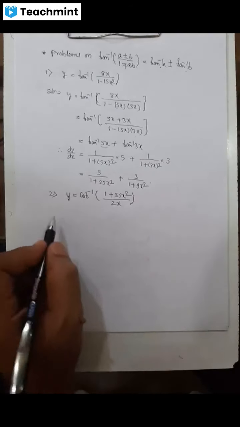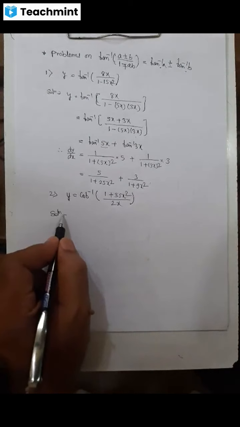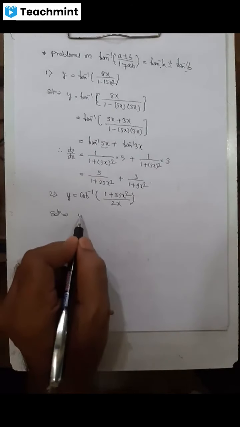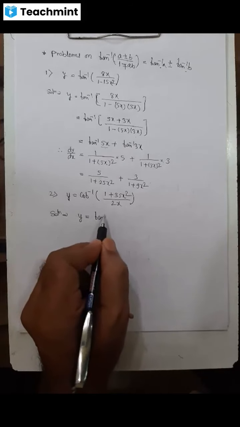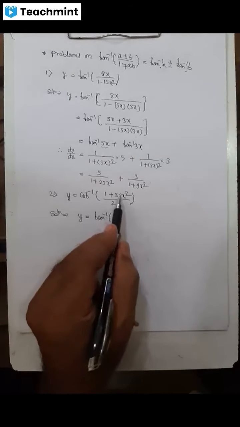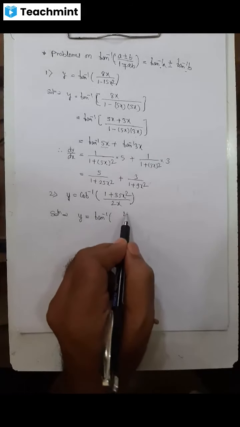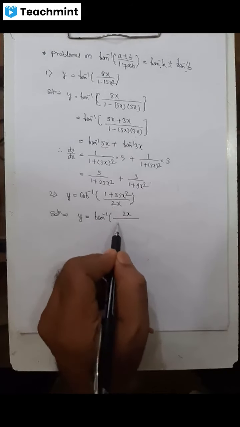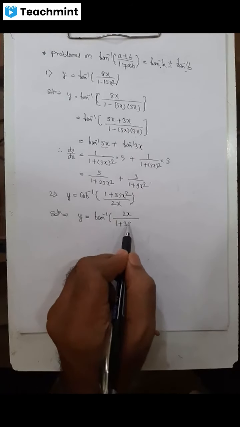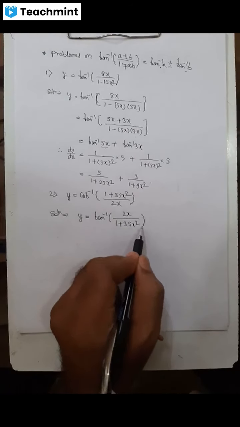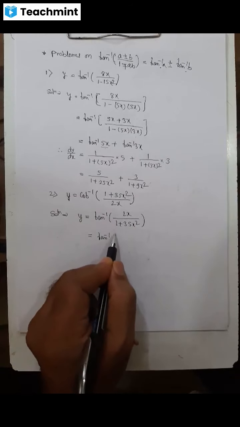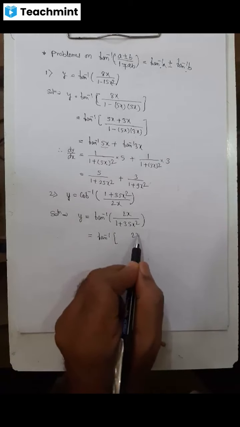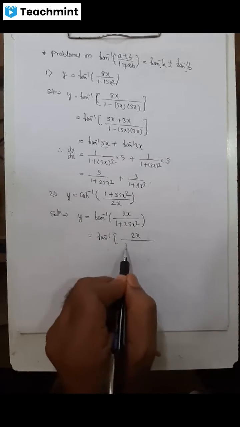We know the formula for tan inverse, so we can convert cot inverse into tan inverse by using a property. Cot inverse can be converted into tan inverse by taking the reciprocal of the argument. So 2x goes to the numerator and 1 plus 35x square goes in the denominator. So it is equal to tan inverse of 2x divided by 1 plus.